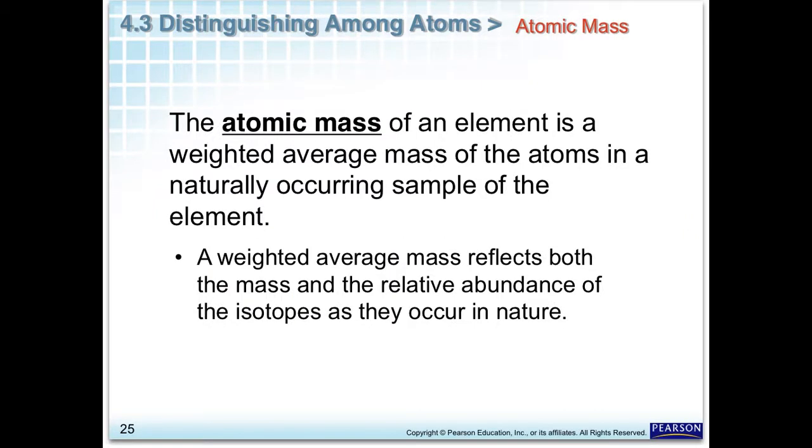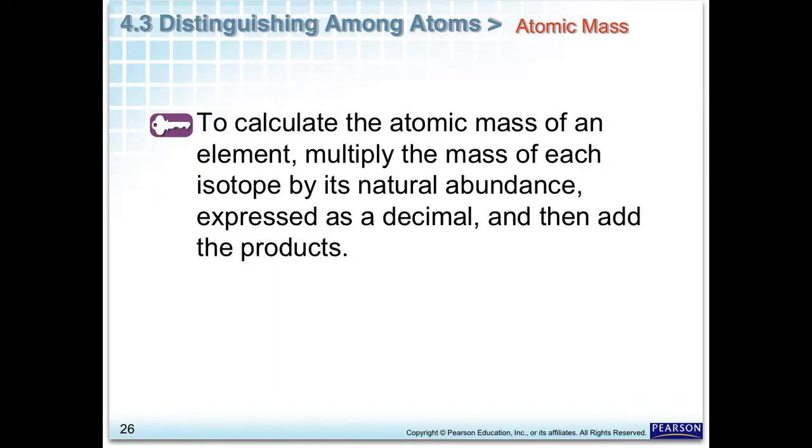So the atomic mass, sometimes called the average atomic mass, is what we term the weighted average of the atoms in an element. Now, weighted average means we take into account not only the mass of the isotope, but also the relative abundance as they occur in nature. So here's what we do.